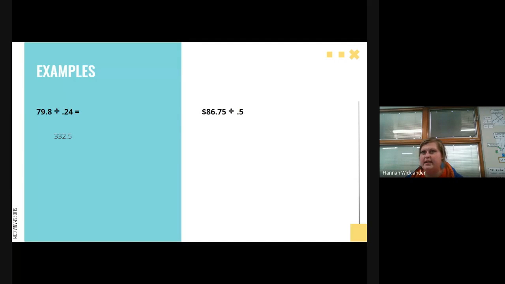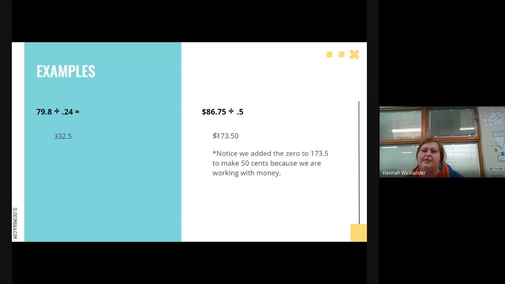Not quite, Tegan and Jaime. There you go, Yasmin. Nice. There you go, Tegan. So you should get 173.5, but remember, we're working with cents. So you need to have 2 places after the decimal. If you don't, it will be marked incorrect.